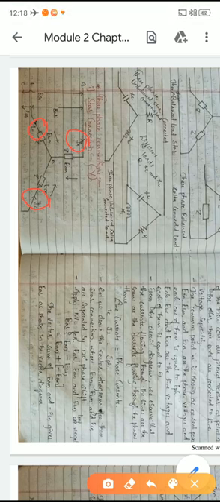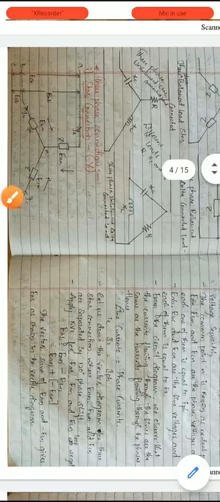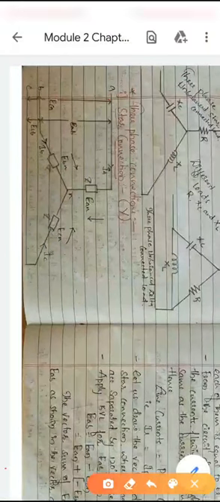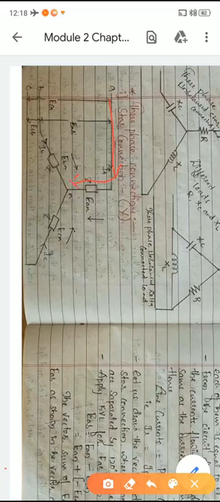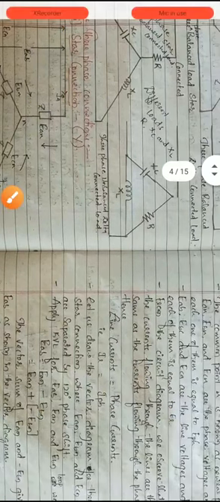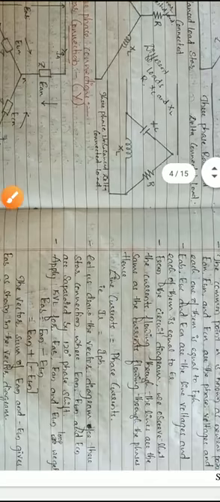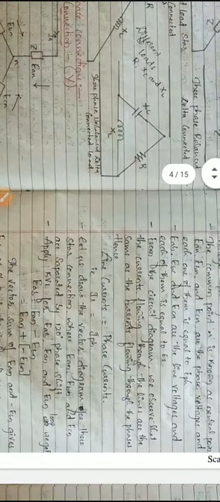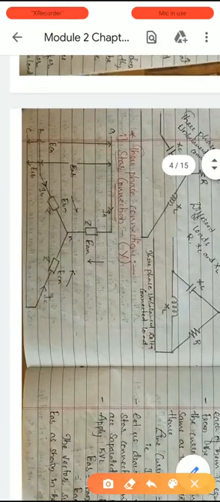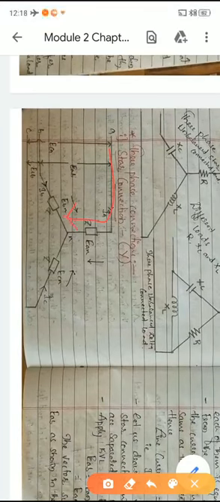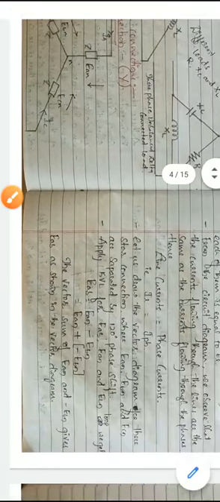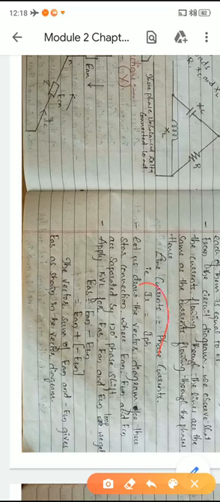One thing you can clearly observe here: whatever current is generated from the line, the same current will be flowing through the phase. Hence I can write that the line current is equal to the phase current, that is IL equals IPH.